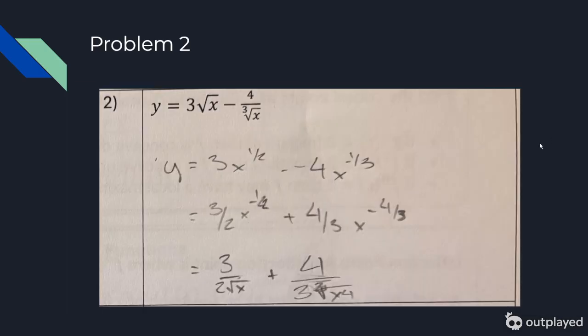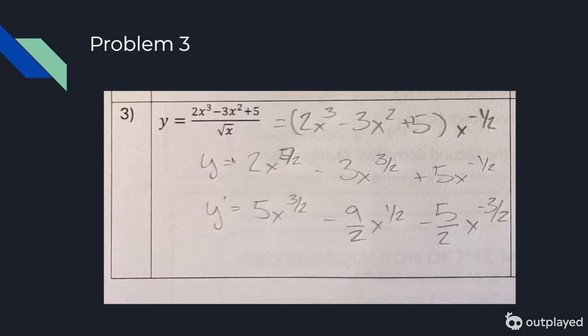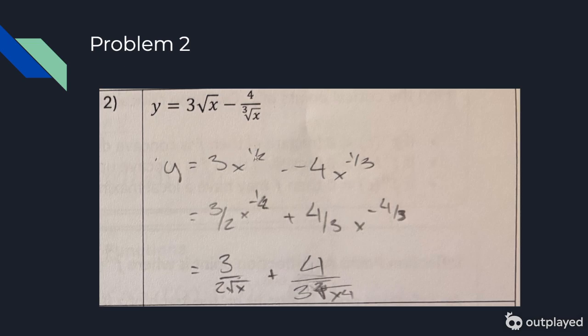Then we go to problem number 2. We have y equals 3 multiplied by the square root of x minus 4 over the cube root of x. So we could make this a little simpler to read. We could do y equals 3x to the power of 1/2 minus 4x to the power of negative 1/3.